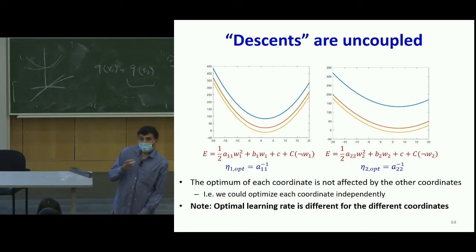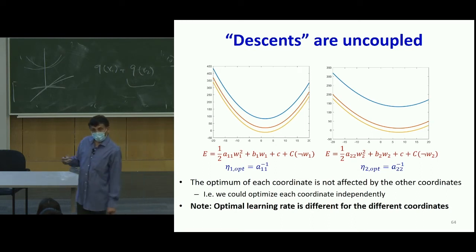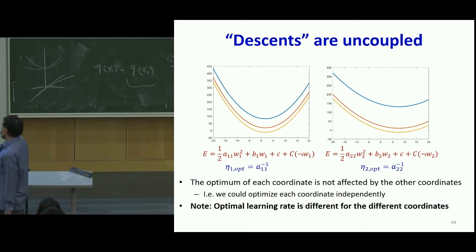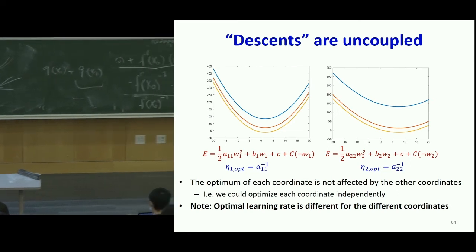If I were to use the minimum optimal step size for the first quadratic, what's it going to be? I have the answer on the slide. It's going to be the inverse of a11. If I use the optimal step size for the second quadratic, it's going to be the inverse of a22, right?